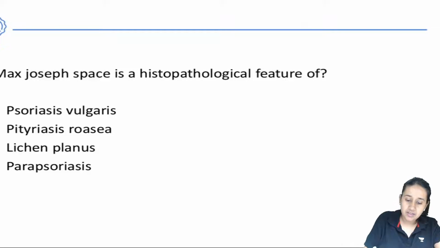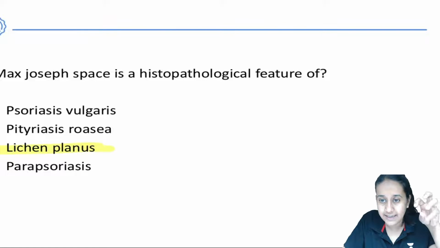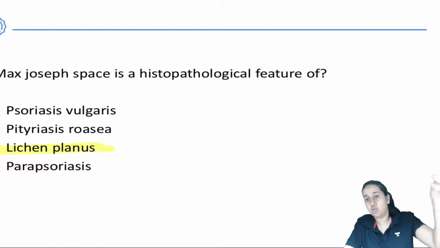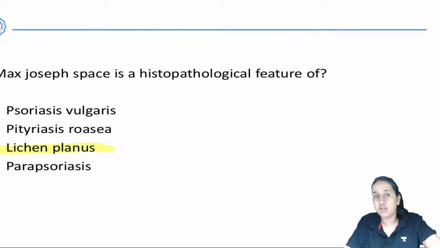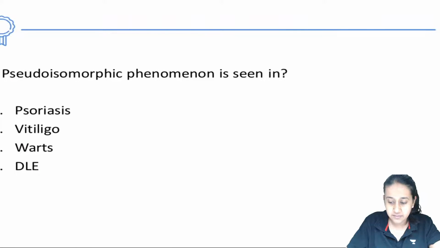Very nice. The answer is lichen planus. When the degenerated stratum basale is gone, empty spaces are left behind, and through those empty spaces, the pigment falls down. That is known as Max Joseph spaces. It's a feature of lichen planus.